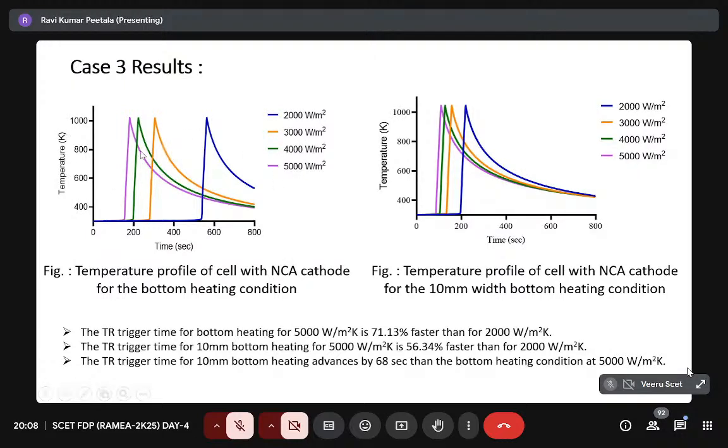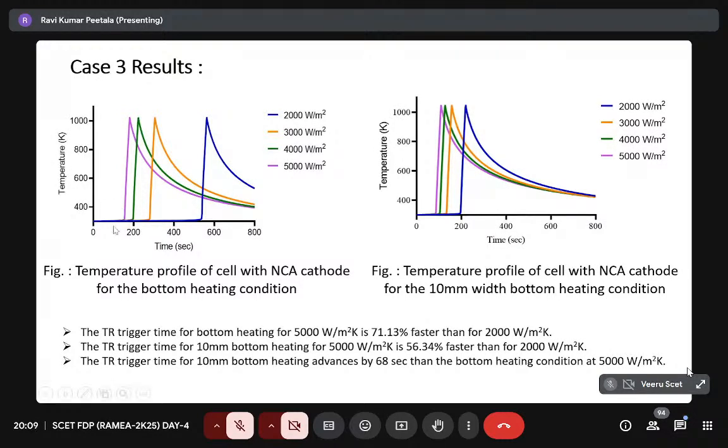As seen here, with 2000 watt per meter square under the bottom heating condition, the temperatures are not rising much up to, let us assume, 500. After that they shoot up. When I give more heat to the battery, the thermal runaway starts much earlier than with 2000, which is with 5000 watt per meter square.